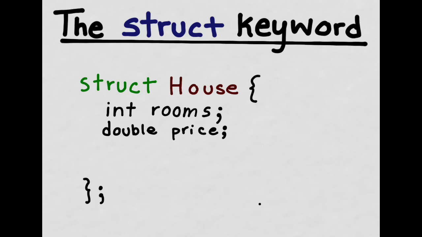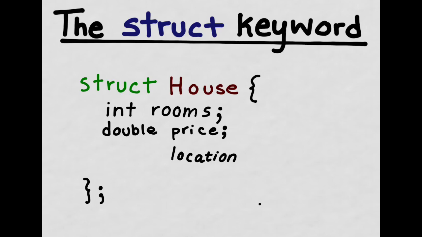And we can also keep track of one more quantity, perhaps the location. So we can make a variable called location, and we'll also need to choose an appropriate data type. One way to do this is with an array of characters.